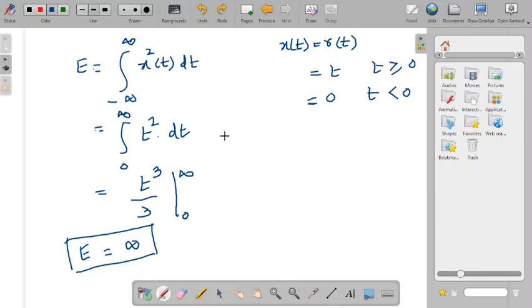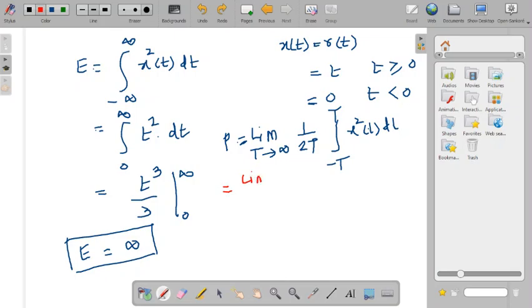And if we calculate the power, then power is given by the limit t tending to infinity of 1 by 2t, with limits from minus t to plus t, of x square t dt. So the power of this signal will be the limit t tending to infinity of 1 over 2t, and again the limit is from 0 to t, of t square dt.